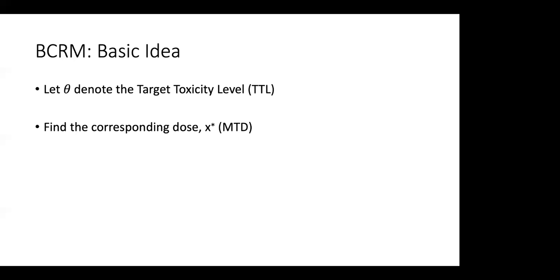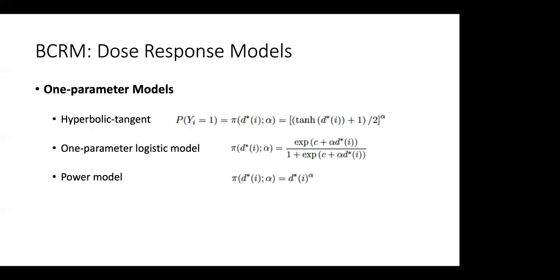And then we will find the corresponding dose level according to our target toxicity level. As I said before, the BCRM is a model-based method, so it uses a certain function to model the dose response curve.